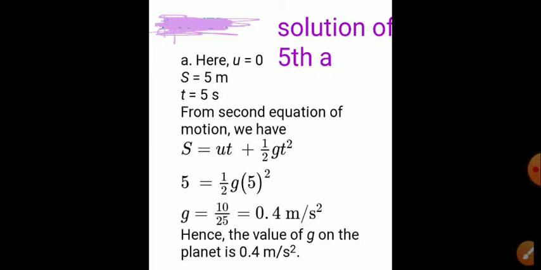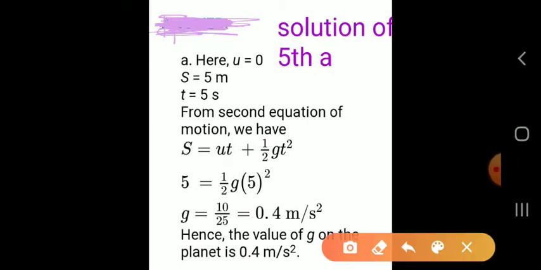So we'll put the values. In place of s we will put 5. u is 0, so ut will become 0. Then 5 will be equal to half g into time, which is 5 seconds, so 5 square.